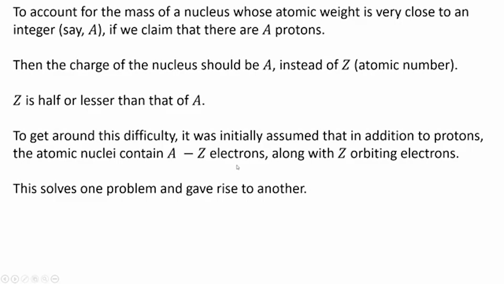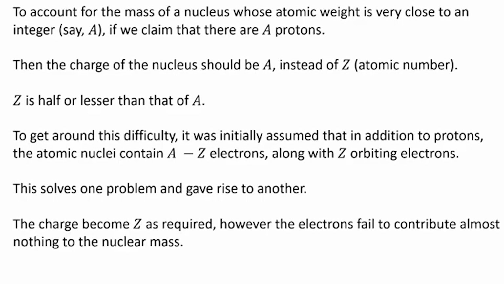That picture, that the nucleus contains A protons and A minus Z electrons, is difficult to reconcile in view of experiments, back of the envelope calculations, or other physical theories that prohibit such a picture. The charge of course becomes Z as required, but the electrons contribute almost nothing to the atomic mass.